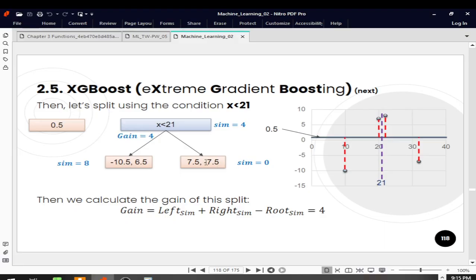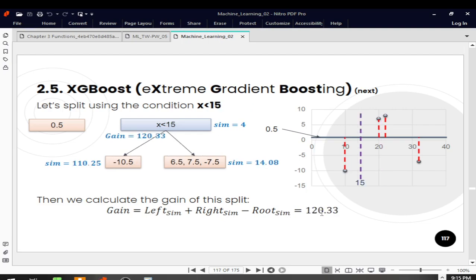You remember I told you the similarity is like a mirror, since those two points cancel out each other, it equals 0. But here they are not exactly opposite to each other. Now we calculate the gain here, and it equals 4.